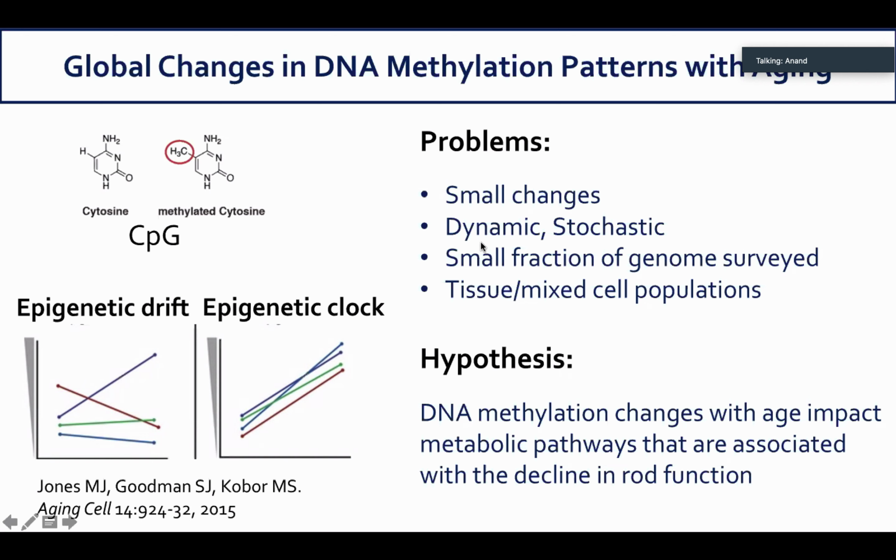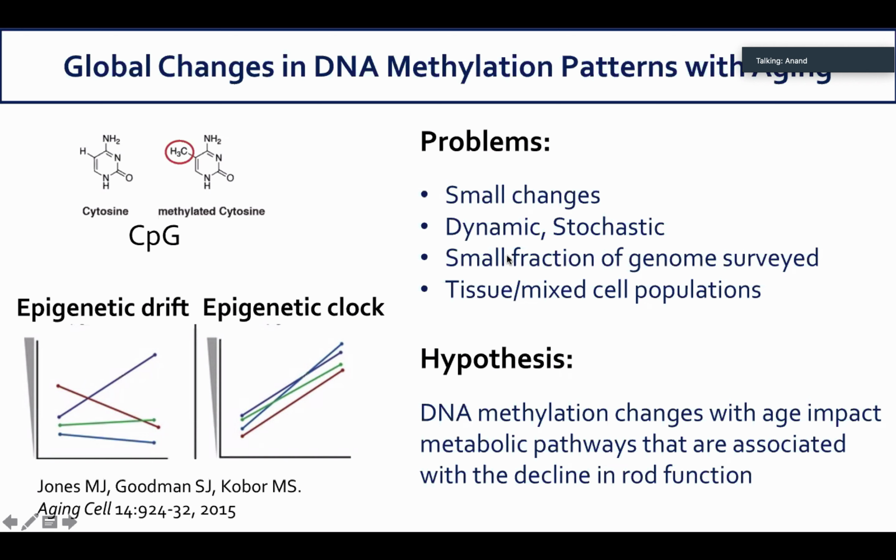The other problem is the small fraction of the genome that was covered; people are not covering all of the genome. Another problem, of course, is that these changes in DNA methylation with age are dynamic, and some of these could be genetically determined, whereas some others could be stochastic. And the worst part is these changes are not very large.